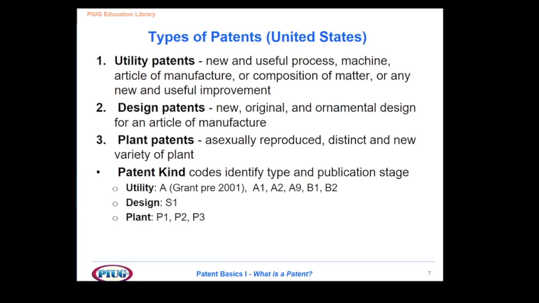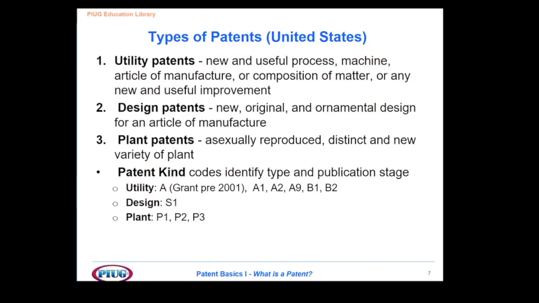Patent kinds are codes that identify the type of publication and the publication stage. For a utility patent, prior to 2001, the A-kind code represented a grant. Starting in 2001, the U.S. published applications, so now the A-kind codes A1, A2, and A9 refer to the application publications, and B1 and B2 refer to the grant.